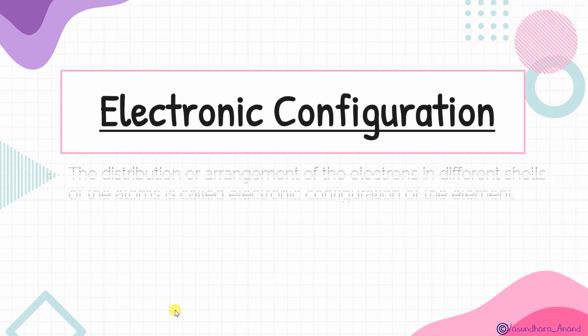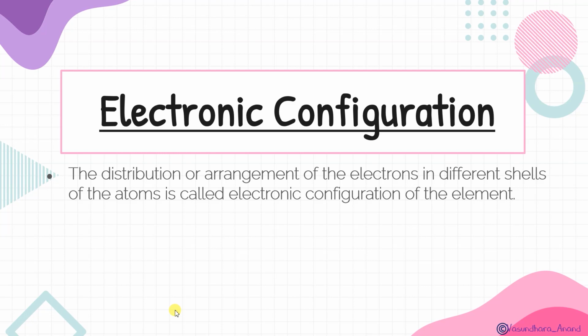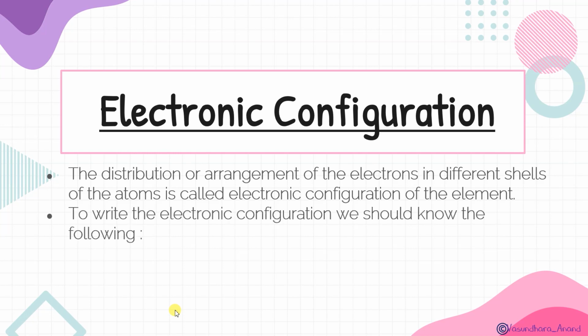The distribution or the arrangement of electrons in different shells of the atom is called the electronic configuration of the element. To write the electronic configuration, we should know the following things. The first thing is the total number of electrons present in the atom, which is always equal to the number of protons in case of a neutral atom.